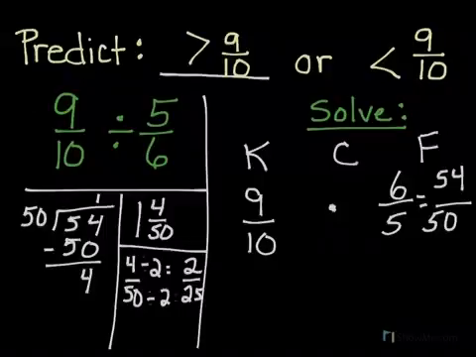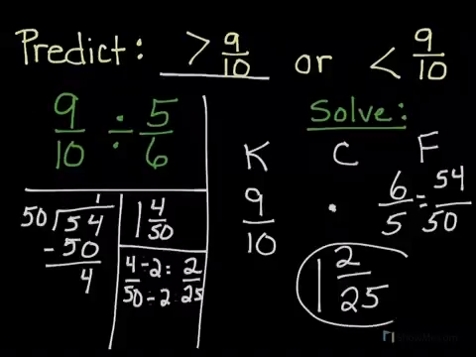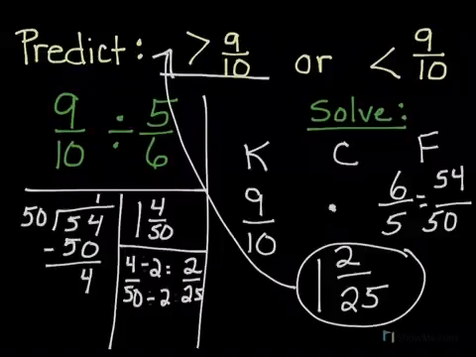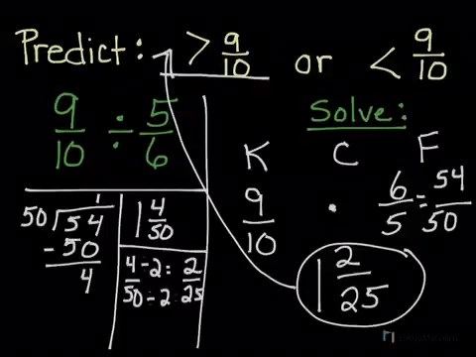So my final answer would be 1 whole and 2/25ths. Our prediction was that our answer would be greater than 9/10. And 1 whole and 2/25ths is bigger than 9/10.